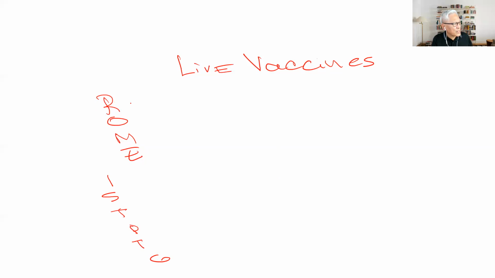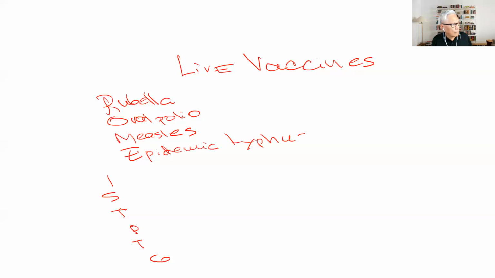R stands for rubella. O would be for oral polio vaccine. M is for measles. And E is for epidemic typhus. So these are live vaccines.